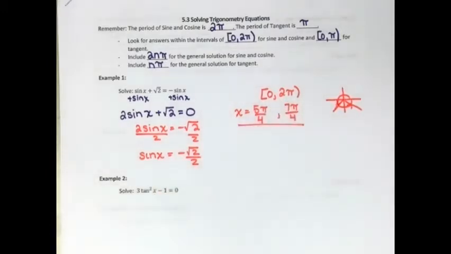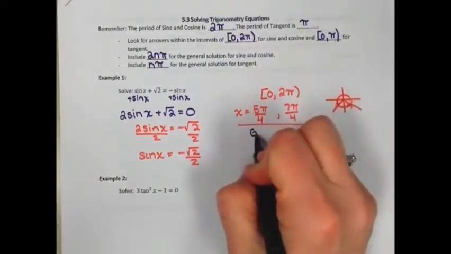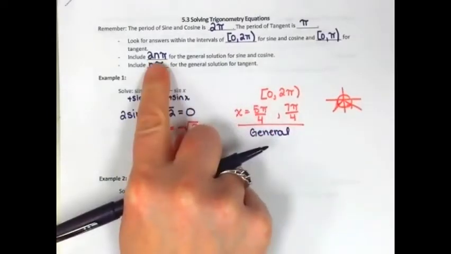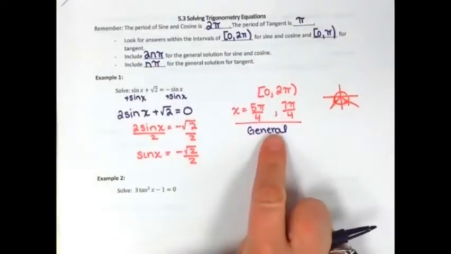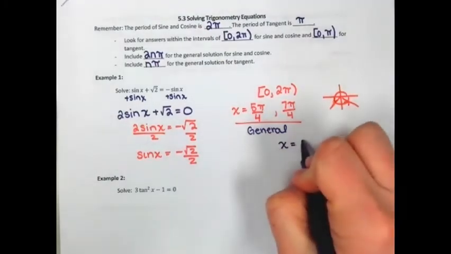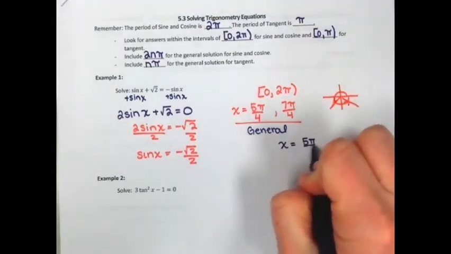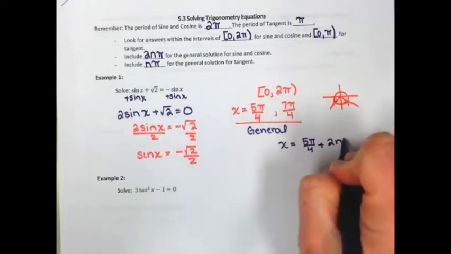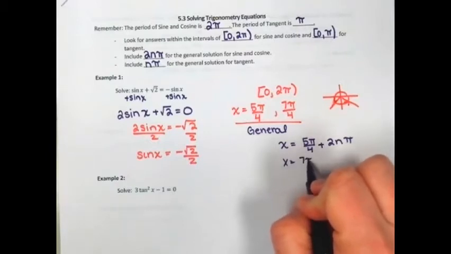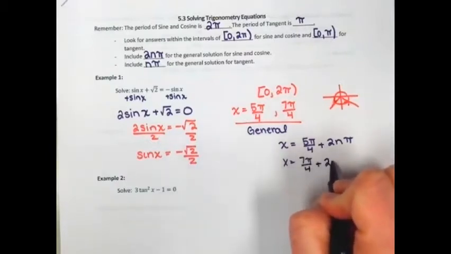So these would be the solutions of x if we were looking for the interval of 0 to 2 pi. But because we want to include every single solution, the general solution is where you're going to add the 2n pi to every single one of our answers. Okay. So the general solution is 5 pi over 4 plus 2n pi, and 7 pi over 4 plus 2n pi.